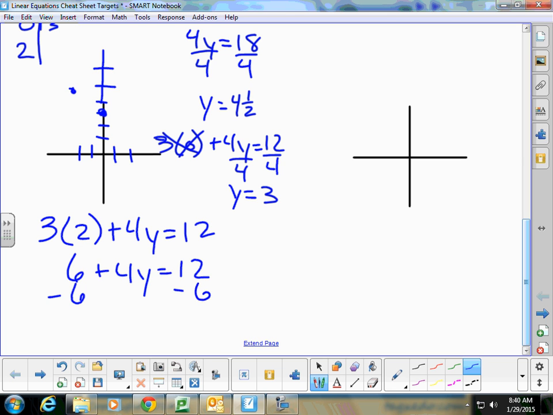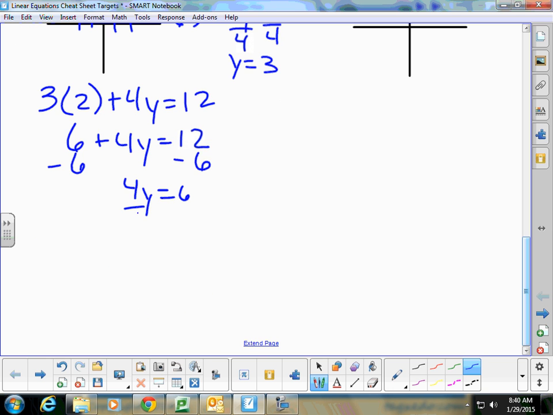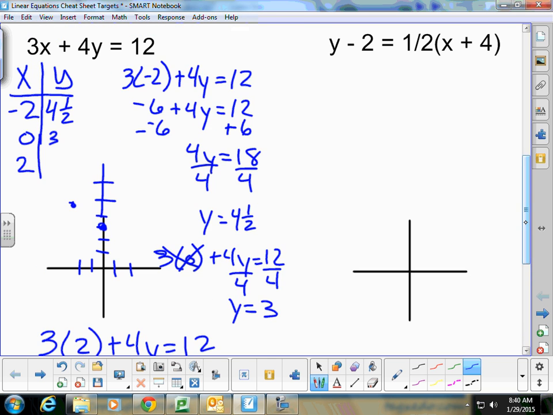Minus 6, 4y equals 6. Divide by 4 for y equals 3/2, or 1 1/2. So then that's 2 and 1 1/2. Notice I have a slope of about 3/2. I would better connect and extend that line, but you know how my smartboard is sometimes.